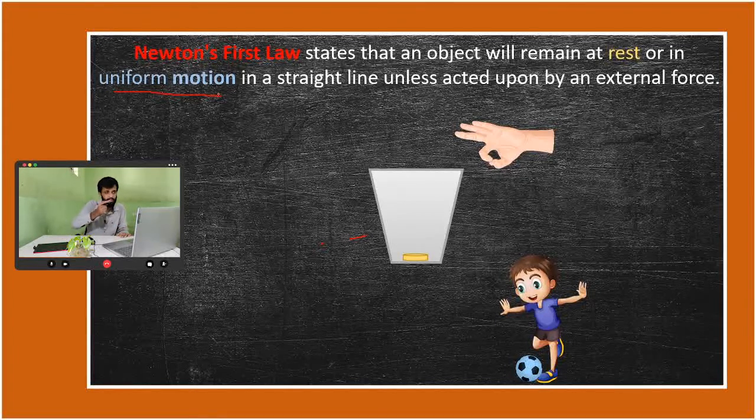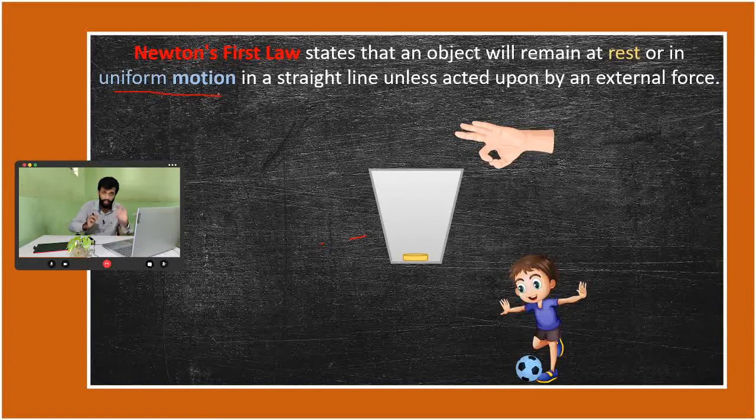Now let us go to the next part, or in uniform motion. So here the ball was moving in a straight line. There was an external force. The boy came running and he stopped the ball. So the object would have been moving continuously in a straight line unless acted on by an external force.